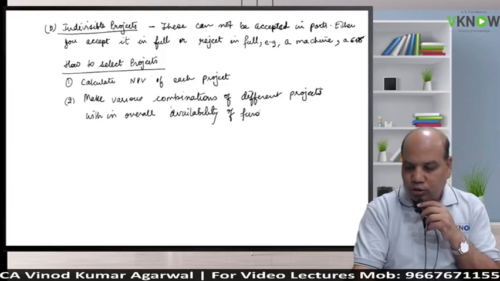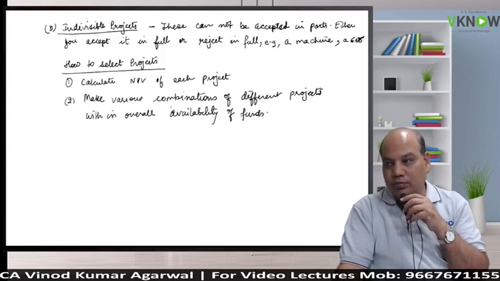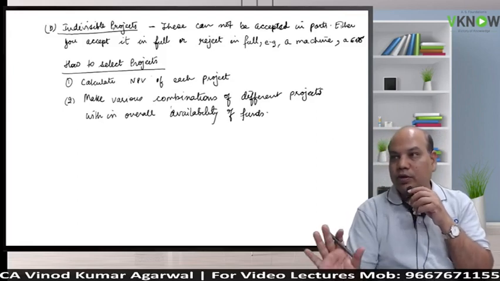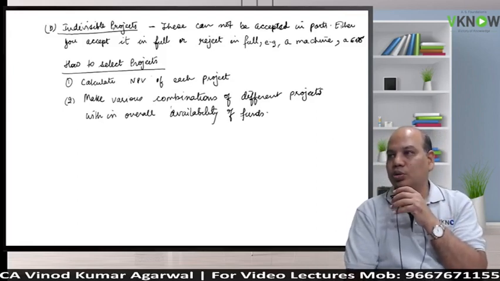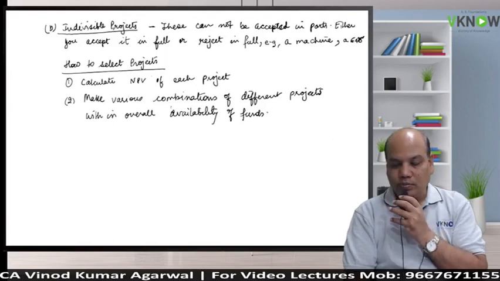So suppose you have 1,20,000, then you make combinations of different projects where the total requirement will not exceed 1,20,000. So that is called making various combinations.